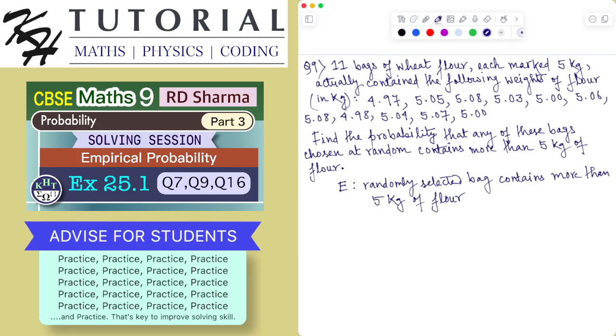What are the trials, how many trials are there, and what are the possible outcomes? Okay, so there are 11 bags.